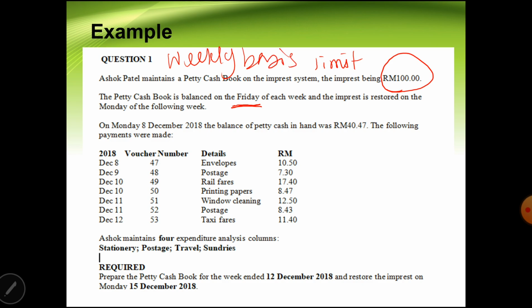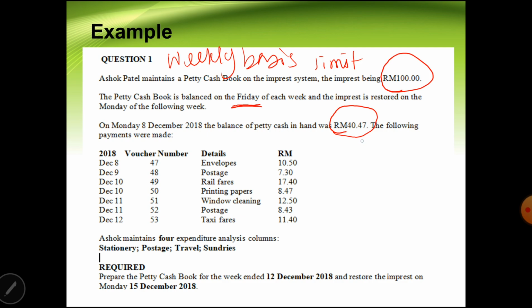Okay, so the petty cash you only have to do 1 week. That is December 8 until December 12. 你只要做一个星期的，因为这是题目的要求啦。然后他就跟你讲，这个开头的8号 December，它的钱其实是剩下40块4毛7。So the balance BD you have to write as 40 ringgit and 47 cents.